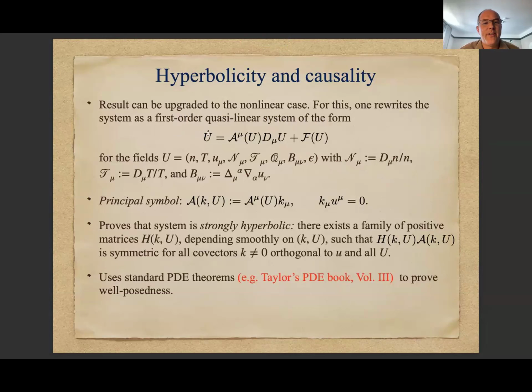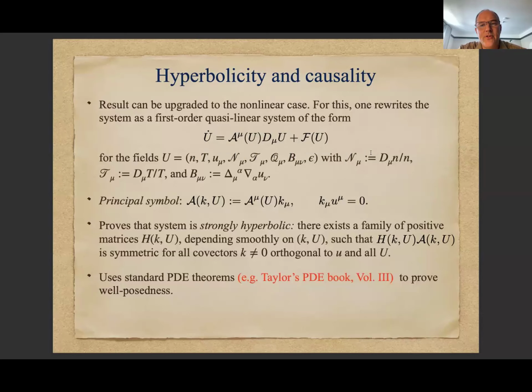So this is now first order in time and in space. To achieve this, you have to add additional fields, and the idea is very similar to what we did in Fourier space, only that here we do it in physical space.